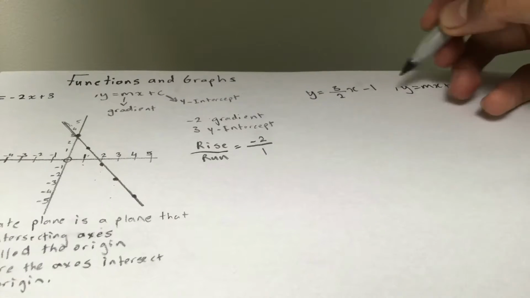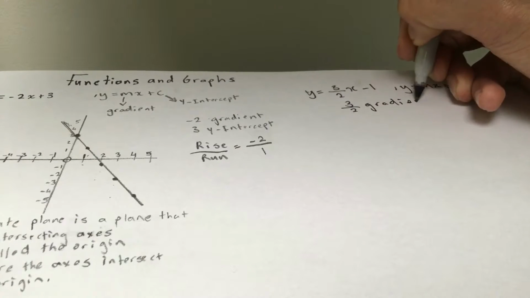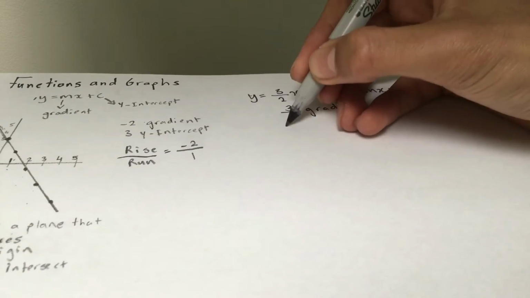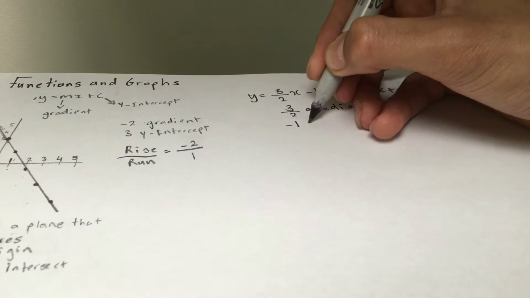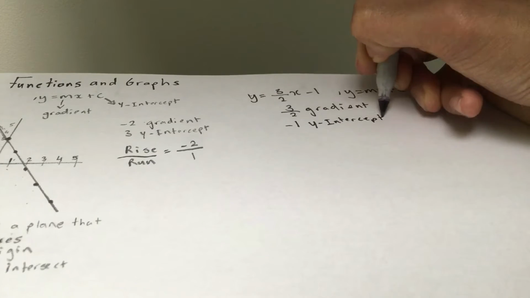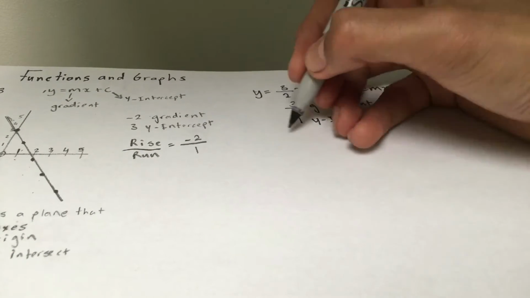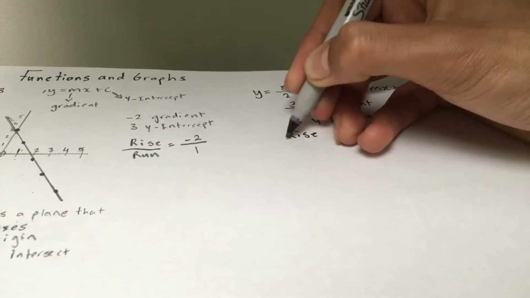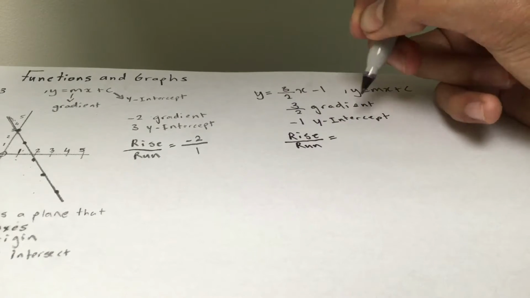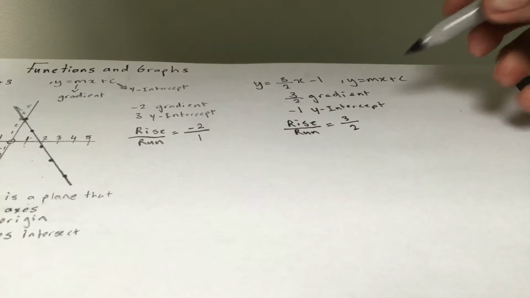In this case, the gradient is 3 over 2, and our y-intercept is negative 1. Okay, so now we use the formula rise over run. In this case, it's 3 over 2.